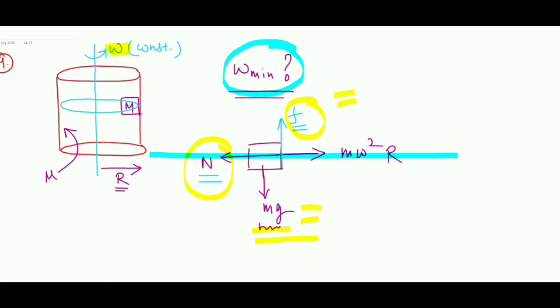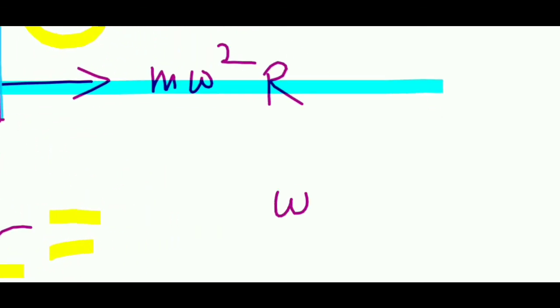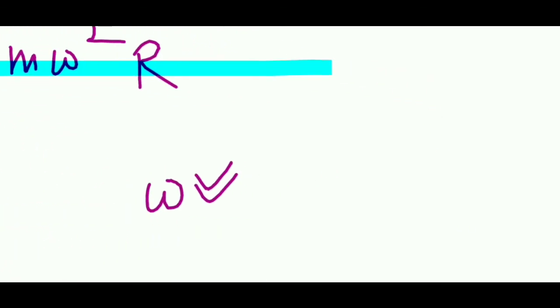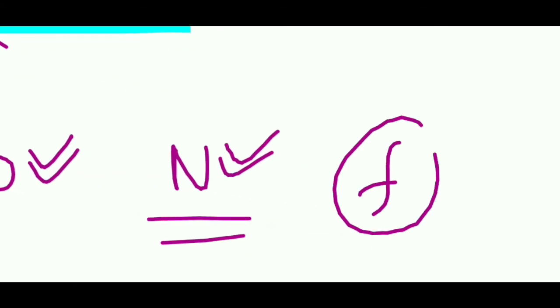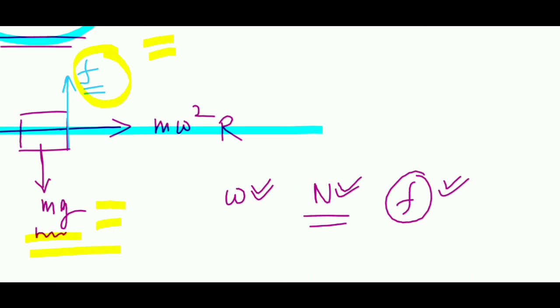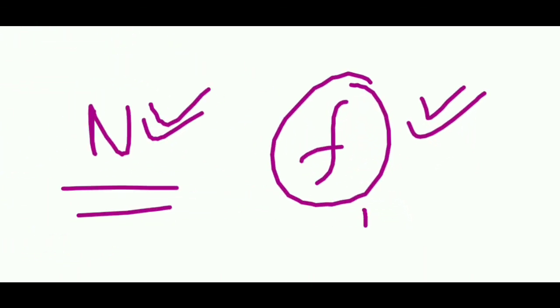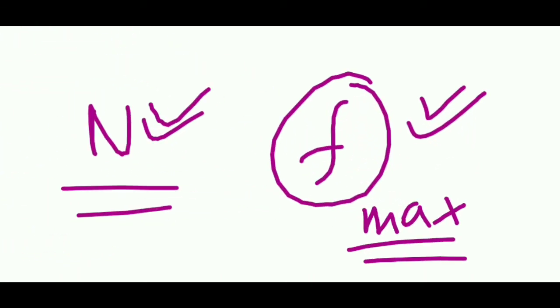If omega is not sufficient, normal will not be sufficient, and then mu n will not be sufficient. This is a whole chain. If omega is sufficient, normal is sufficient, and then friction will be sufficient.